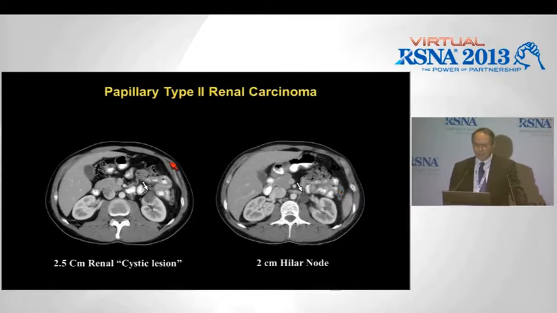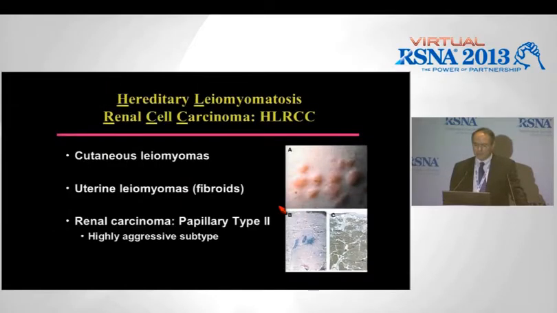At first, we saw lesions like this and placed them sort of in the papillary category from just their poor enhancement. So it's a 2.5 centimeter lesion, actually described as a cystic lesion, although I don't agree with that. At the same time, this patient already has a 2 centimeter hilar node, and this is a young patient.